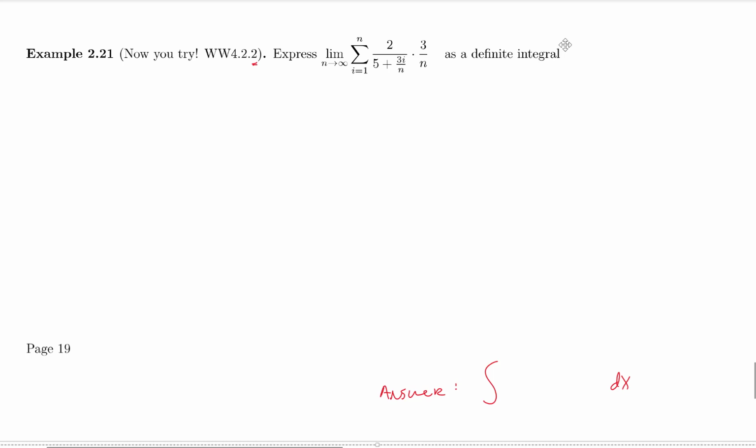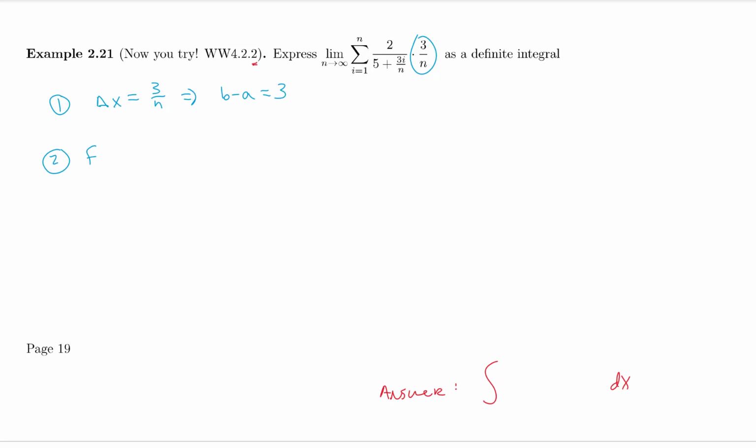So the steps here. First of all, you need to figure out that delta x is equal to 3 over n. That's given right there. And that tells us that b minus a is equal to 3. So the width of our integral is equal to 3. So it might be the integral from 1 to 4, or it might be the integral from 2 to 5, or something like that. But what we know to start with is that the width of the integral is 3.